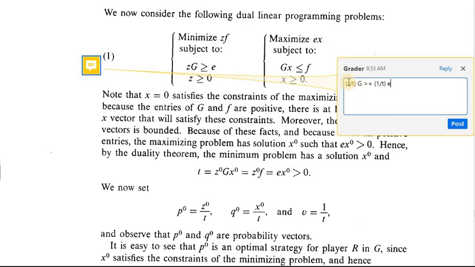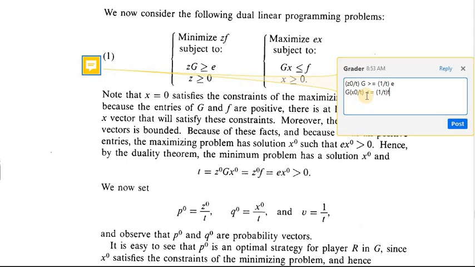Here I have my probability vector, Z over T, equal to P, and I multiply by G, and I get 1 over T times E. I should actually make this a Z0, because that was the optimal one. On the other hand, I can also divide both sides of the other inequality by T, and with X0, we'll get G times X0 over T is less than or equal to 1 over T times F.